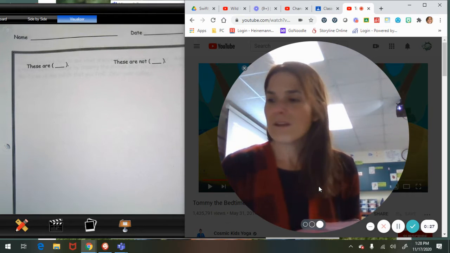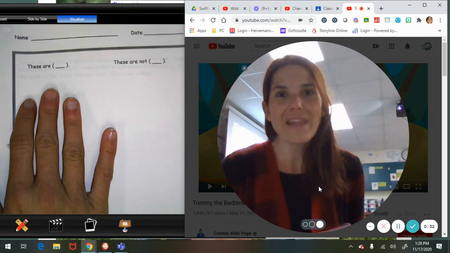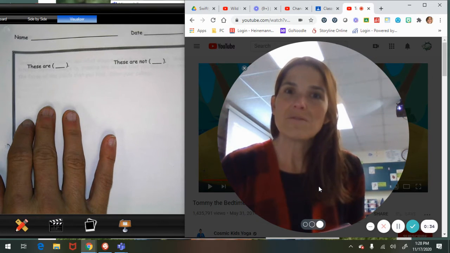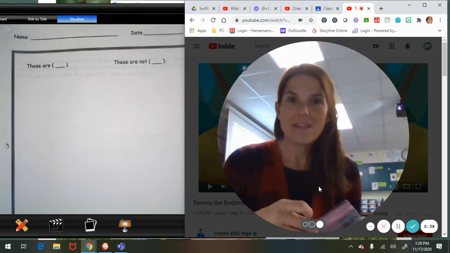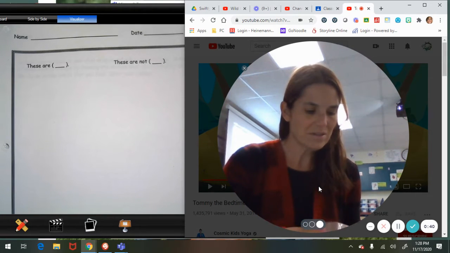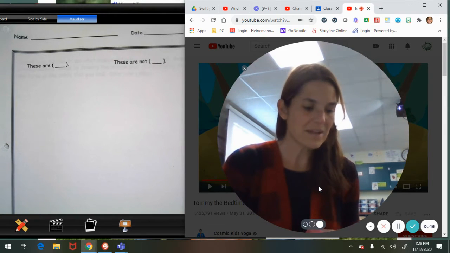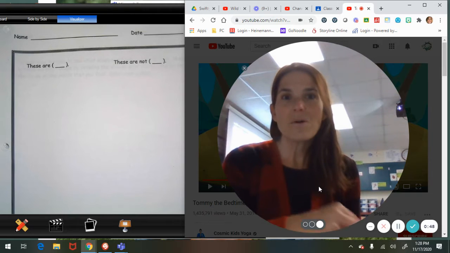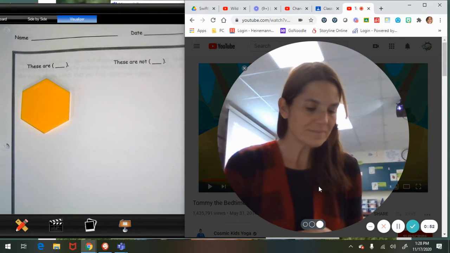Now yesterday we talked about all of our flat shapes, and we know that they're flat because they're flat like a pancake, and they don't roll like the other shapes, like our solid shapes. So one of our flat shapes is a hexagon.